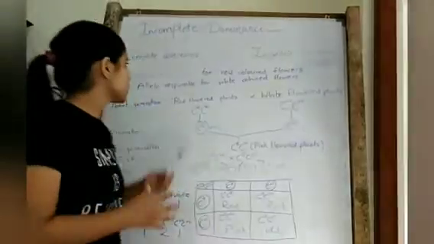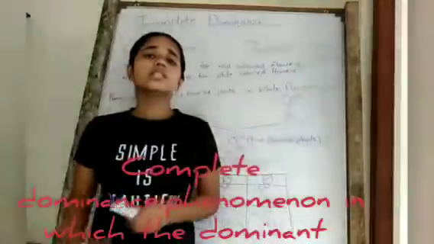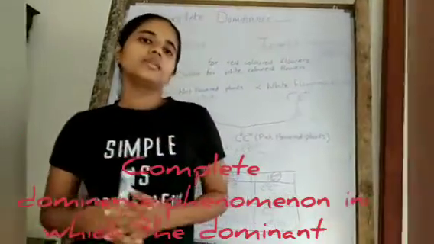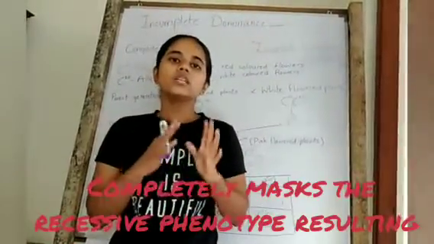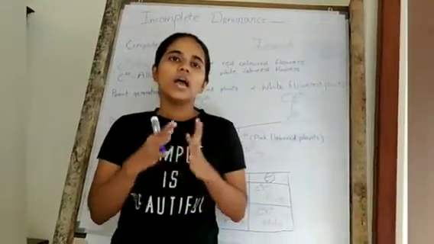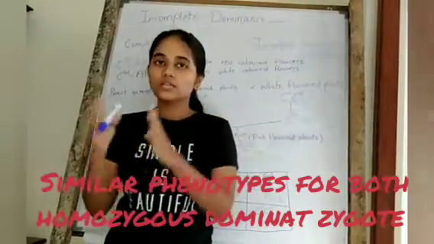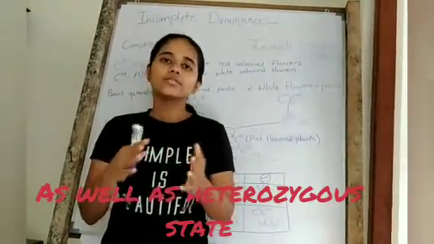First of all, we must get to know the difference between complete dominance and incomplete dominance. Complete dominance is the phenomenon in which the dominant allele is able to completely mask the recessive phenotype and give out similar phenotypes at homozygous dominant state and heterozygous state.